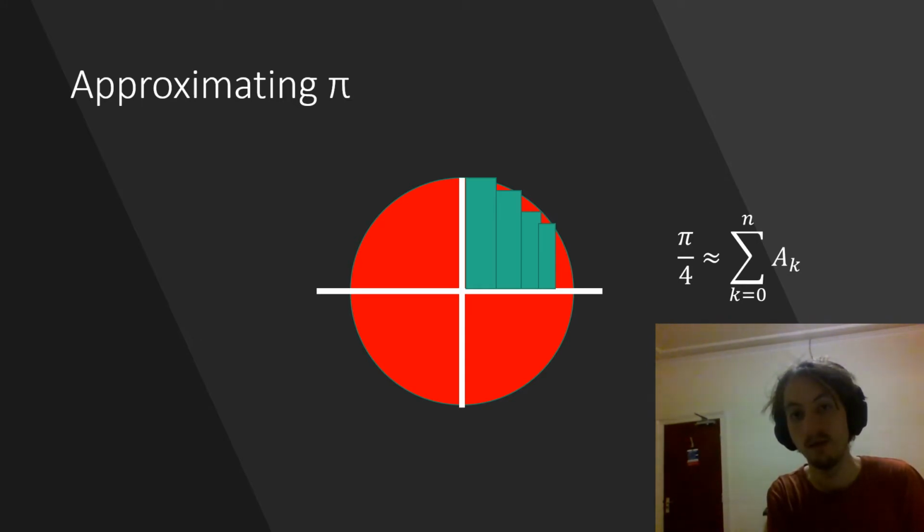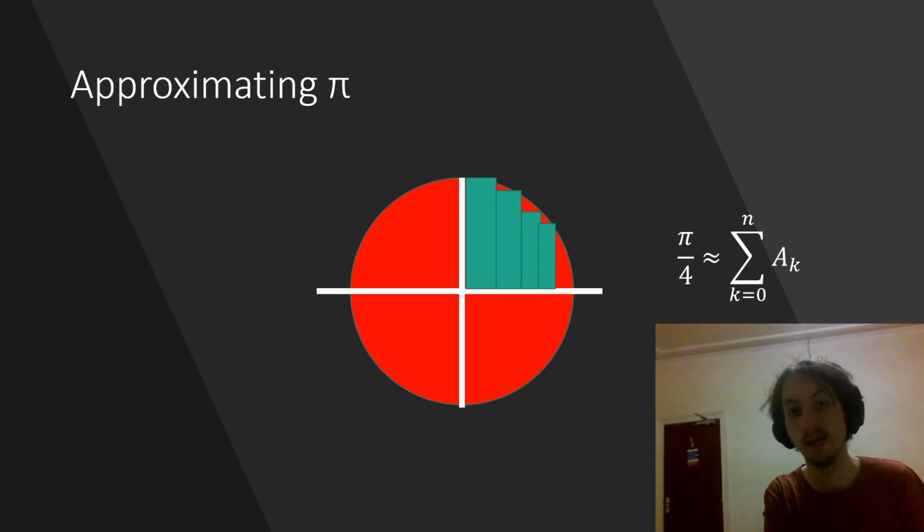And so by summing the area of these rectangles, we can approximate the area of a quarter of a circle, and therefore by summing these rectangles we can approximate pi by 4.